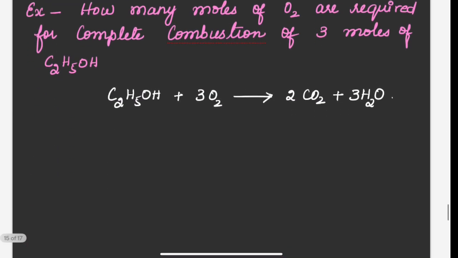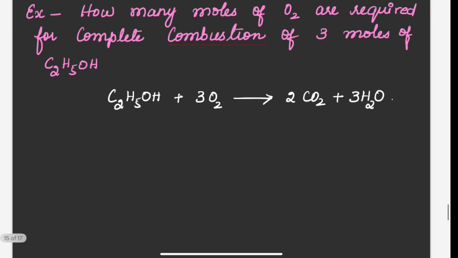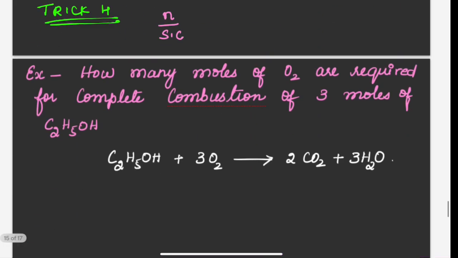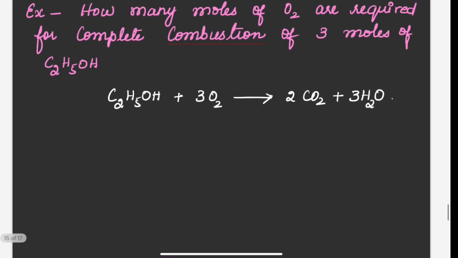First, let me take one example and we will use the tricks, and then we will solve the numericals from the textbook. Here the equation is given. What is the first trick we are going to follow? Balance the equation. Check whether it is balanced or not. If it is not balanced, you will have to balance the equation.